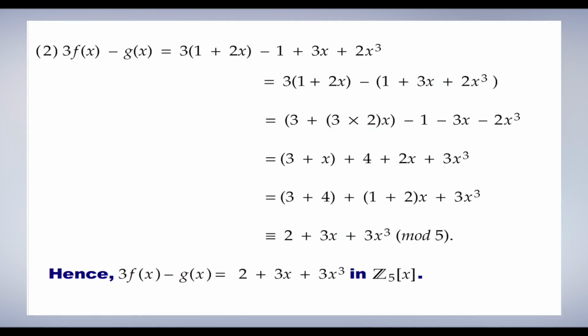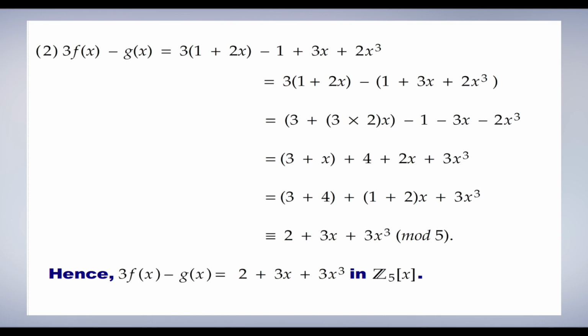Next, we will simplify 3f(x) - g(x) = 3(1 + 2x) - (1 + 3x + 2x^3). Now we multiply: 3 + 3·2x - 1 - 3x - 2x^3. So it is 3 + x + 4 + 2x + 3x^3. 3 + 4 is equal to 7.